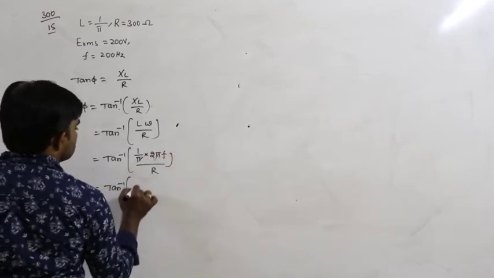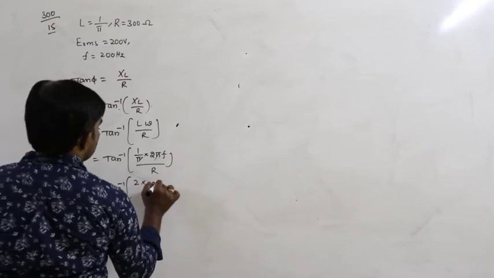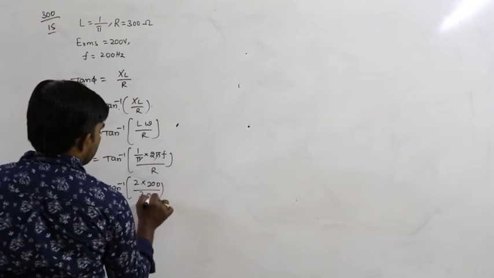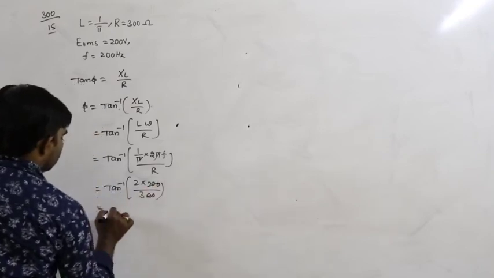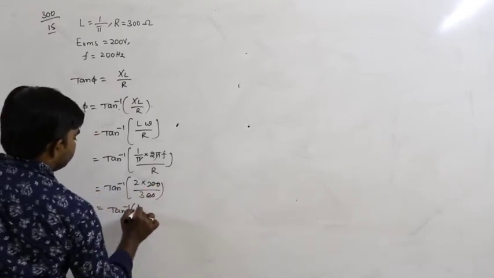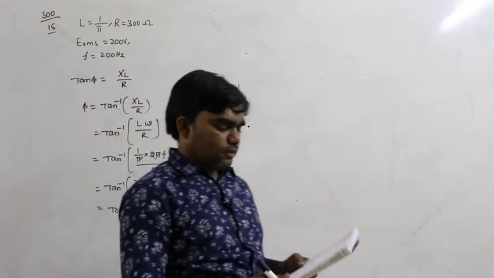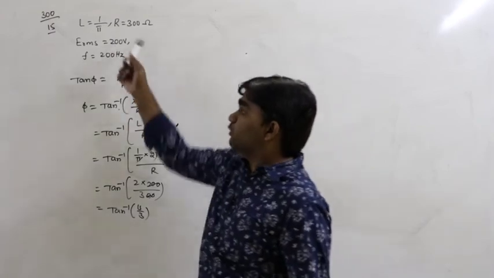So, tan inverse of 2 into f, that is 200, divided by R, that is 300. So, tan inverse 4 by 3, or 53 degrees. No need of the EMF value here.